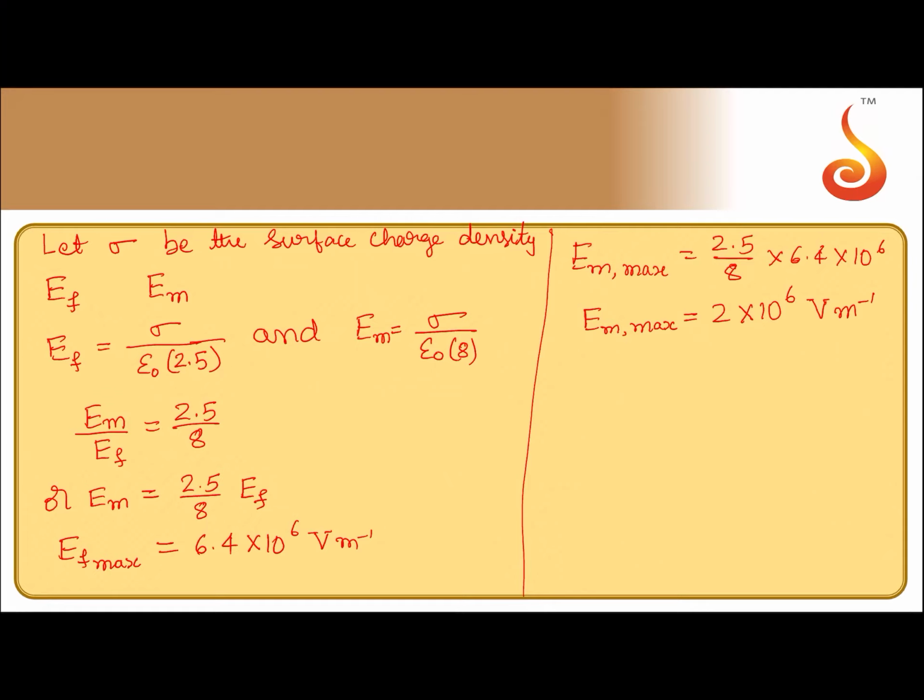Now the maximum voltage will be the voltage inside fiber plus the voltage inside mica.